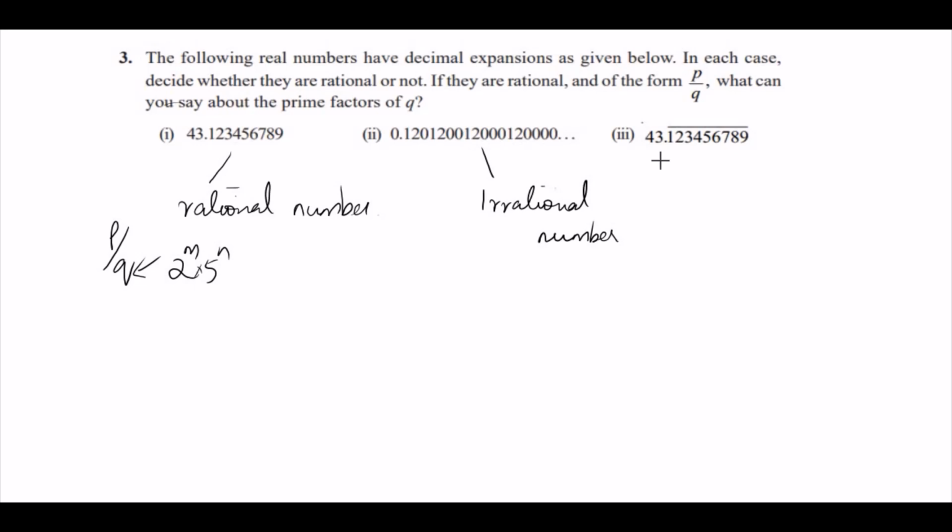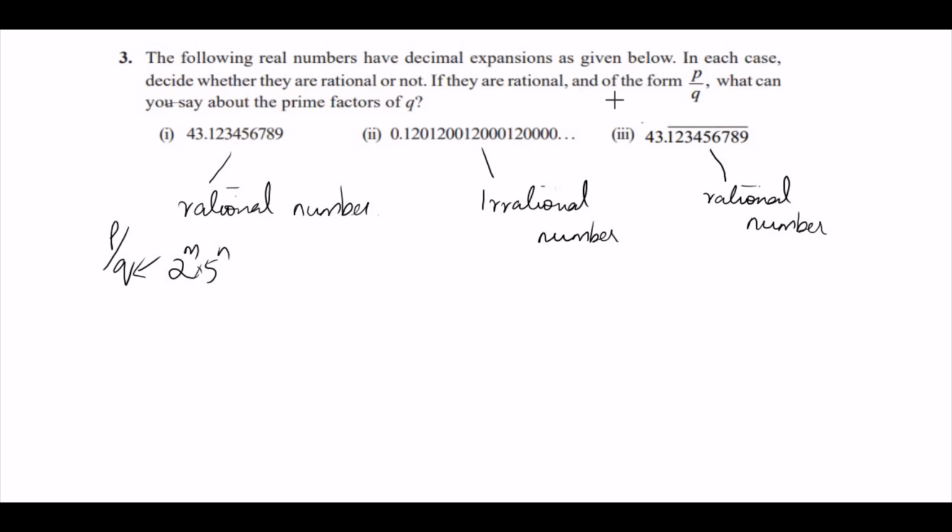Now the third question. If you check this decimal expansion, you can see the numbers after the decimal repeat. So this is non-terminating and repeating decimal expansion. You know, the rational numbers can have either terminating or non-terminating and repeating decimal expansion. So here it is non-terminating and repeating. So you can say it is a rational number.